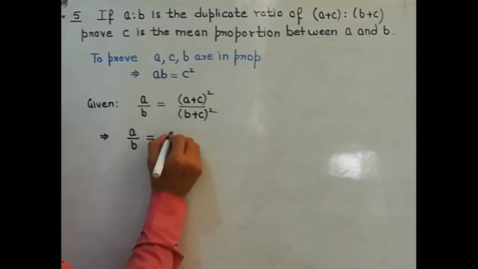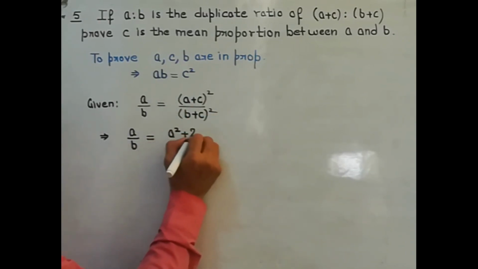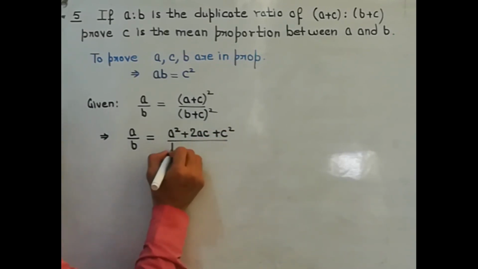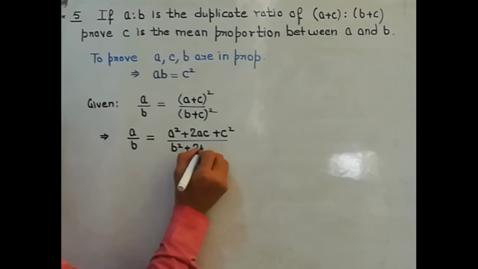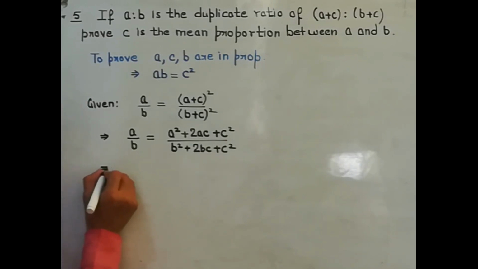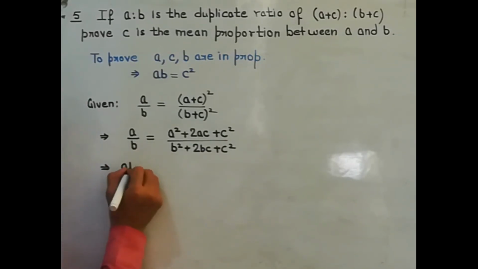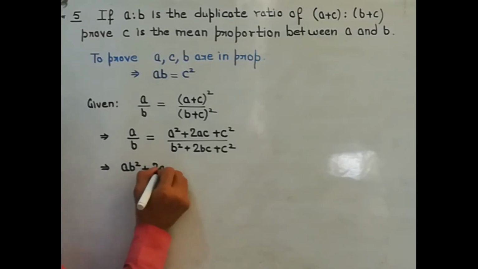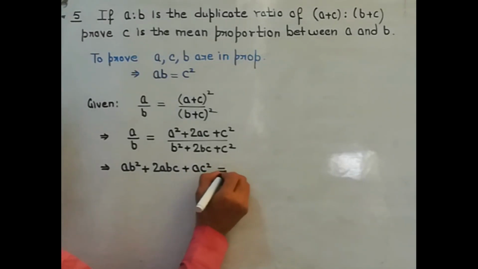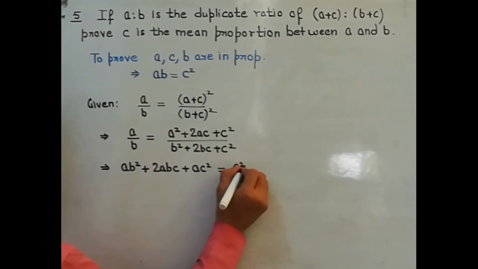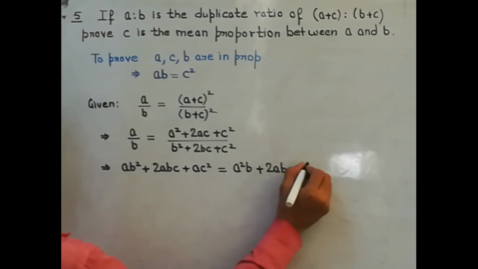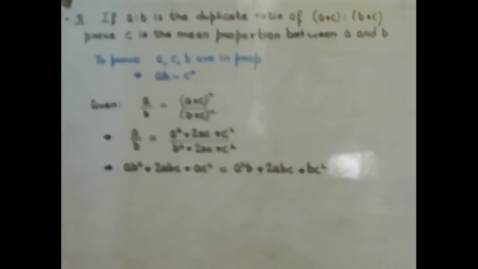Now when you square it, we'll square it like this, now cross multiply. ab square, 2abc, plus ac square. And we cross multiply here, a square b, 2abc plus bc square. Hope this is clear to you.